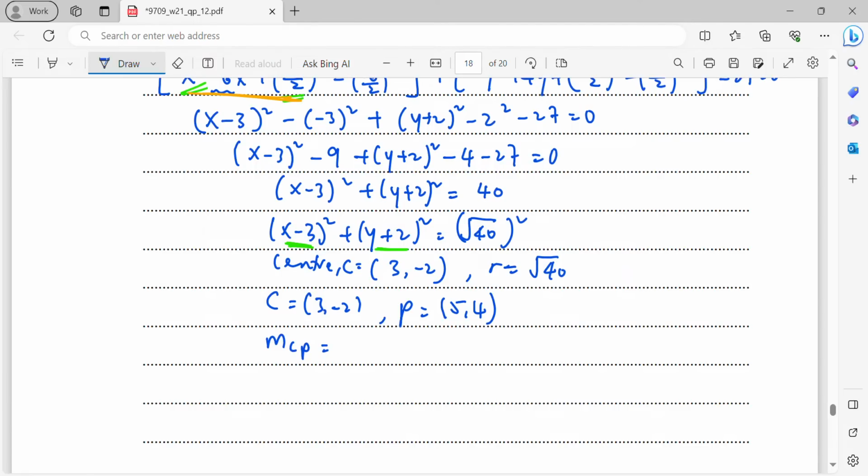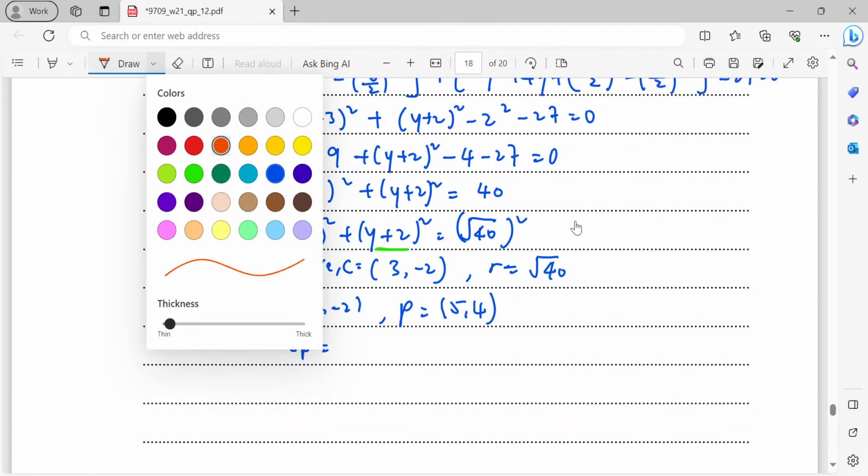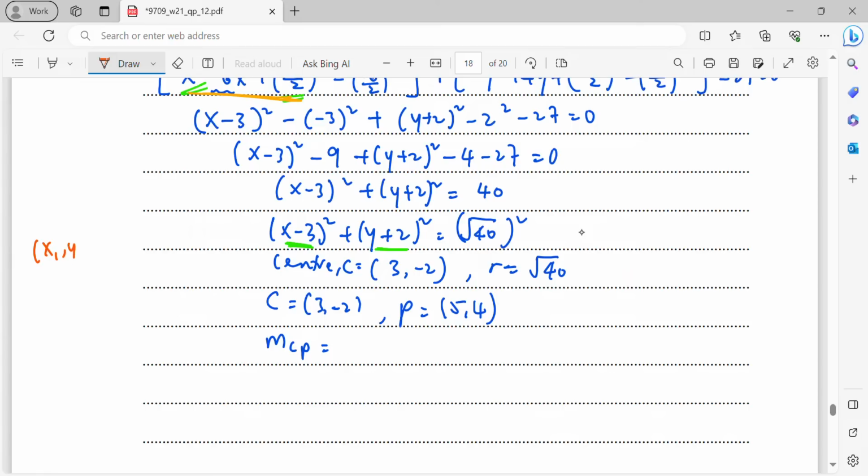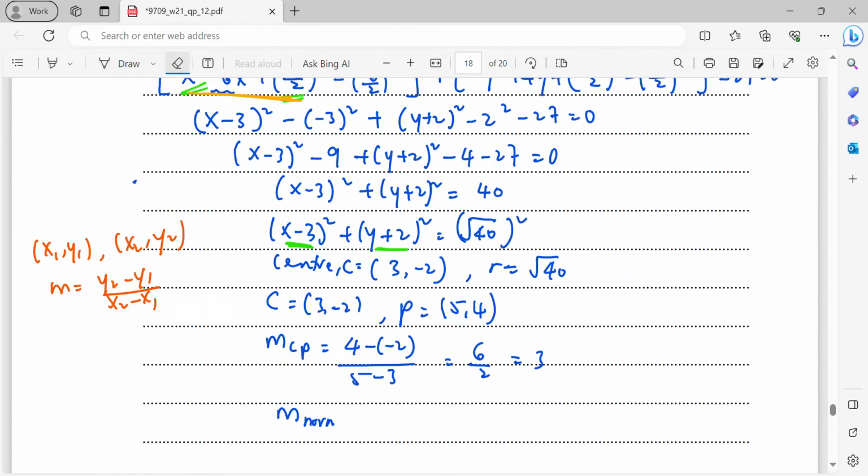For your information, the gradient of x1, y1, x2, y2, m is y2 minus y1 over x2 minus x1. So from here, I will get 4 minus negative 2 over 5 minus 3, which is 6 over 2, then I get 3. So then m normal, or I would say m tangent, right?